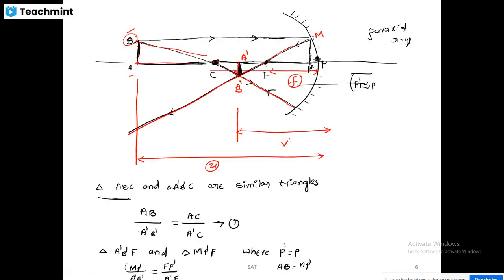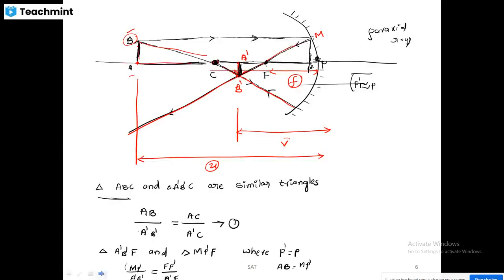So AB by A dash B dash is equal to FP dash by A dash F. You know that P dash is equal to P. So AB by A dash B dash is equal to FP by A dash F. This is equation number 2.